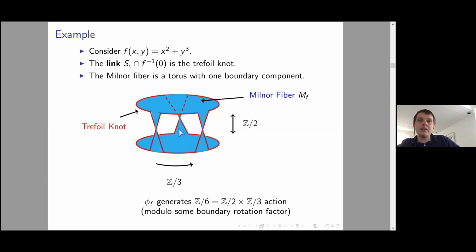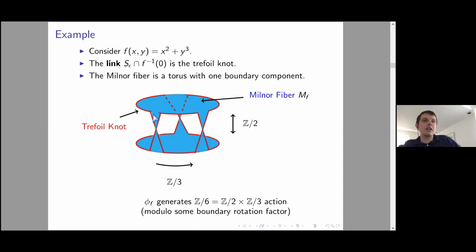This surface I've drawn is genus 1 with one boundary component, and the boundary component is a torus knot. And then for the monodromy map, there's a natural Z2 action given by swapping the top and the bottom of this surface. And there's also a Z3 symmetry rotating this surface.